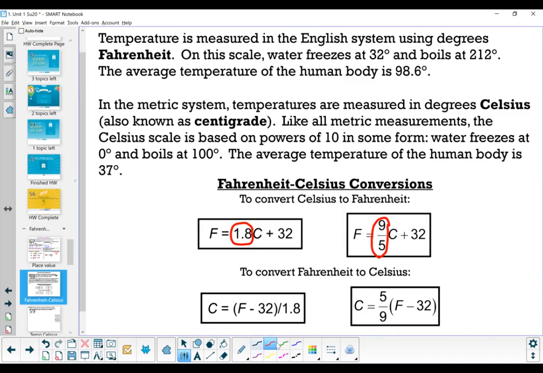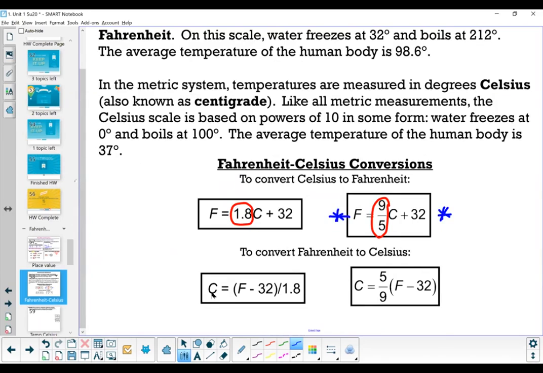The only thing is Alex only gives you this form, but either one is okay. Alternatively, if you solve for C, you have Celsius is equal to, in parentheses, F minus 32, close parentheses, all of that divided by 1.8.